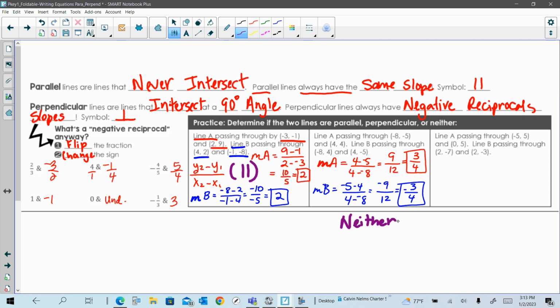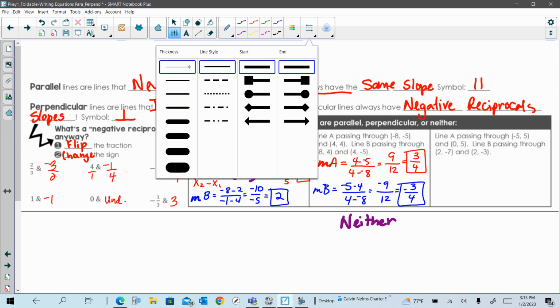And then you check your work on the slope of A and B on the third examples.